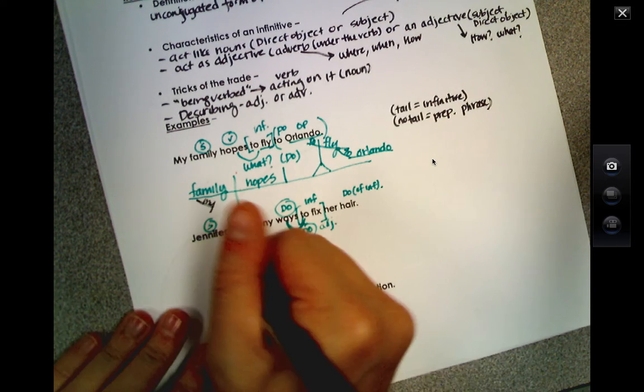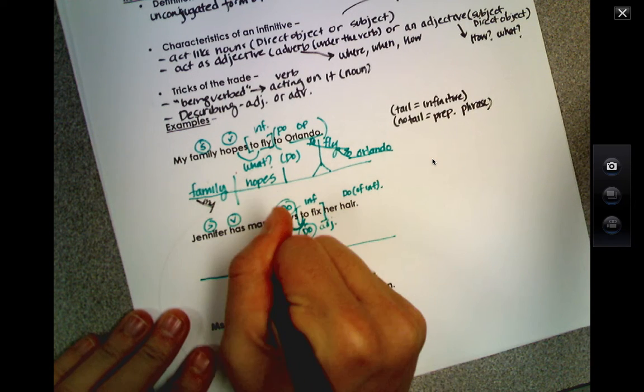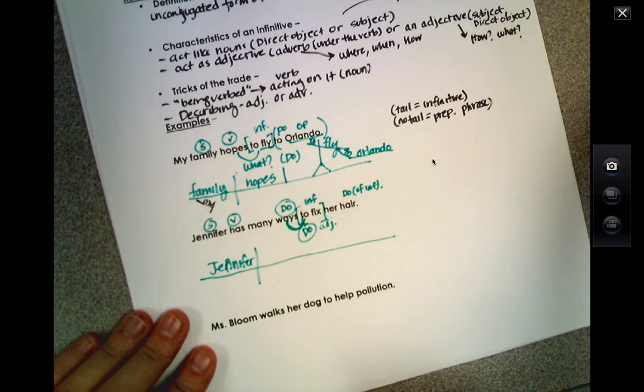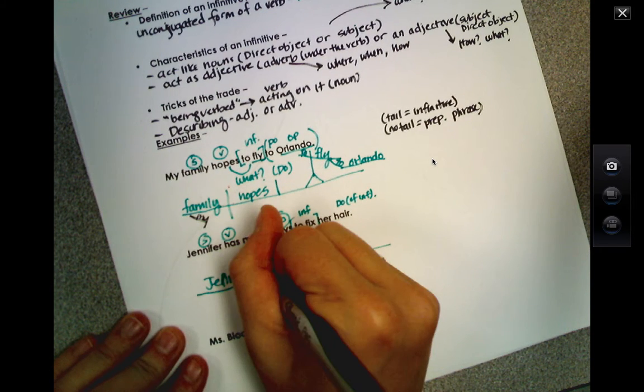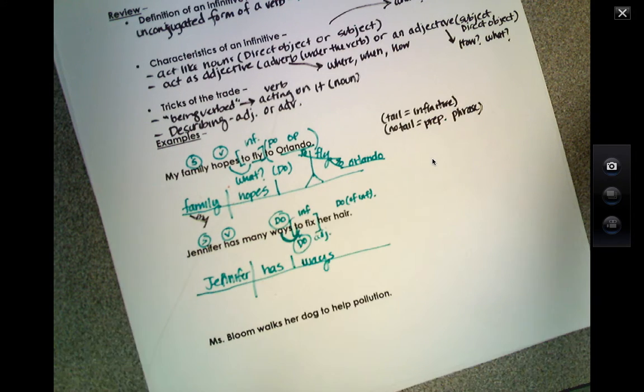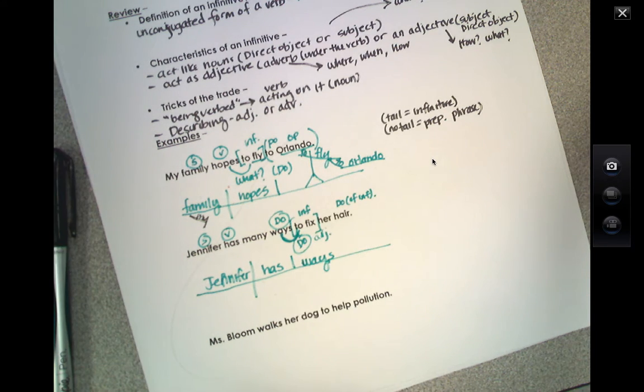So let's go ahead and diagram that. So we have Jennifer. If there's a Jennifer watching this, I'm going to spell your name wrong. I'm sorry. Has ways. Okay, and then many is going to go under ways. It's acting as a modifier.